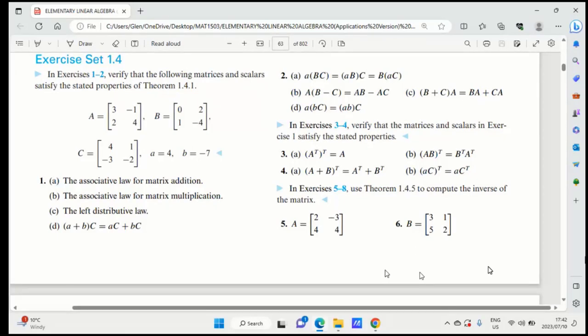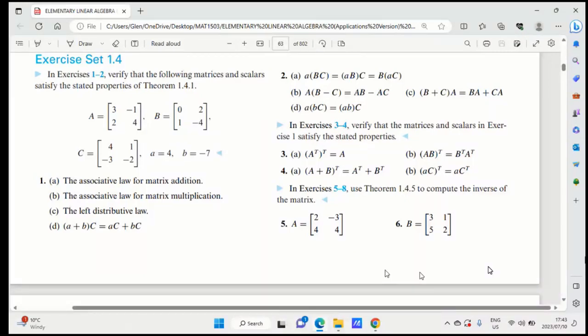Okay, thank you, sir. This is what I did. The first step, I multiplied 2 times 4 across, then minus, then negative 3 times 4. So I got 8 plus 12, which is 20.